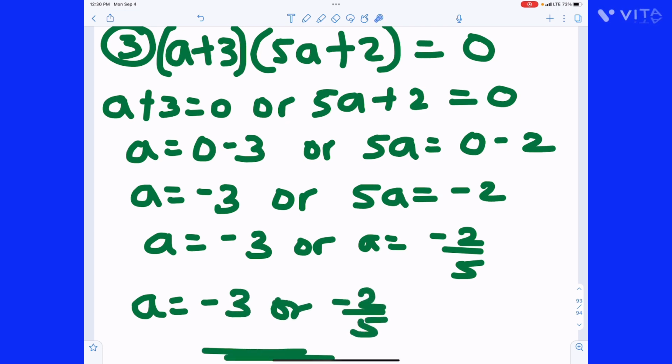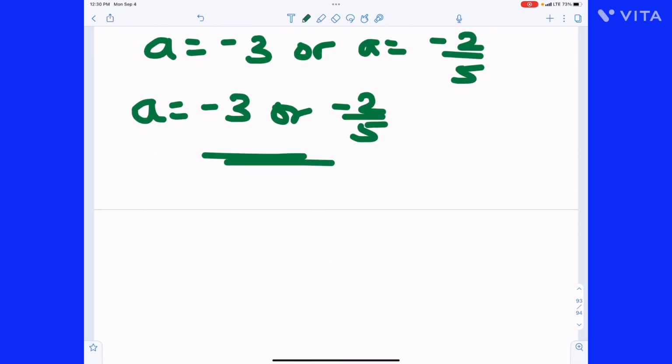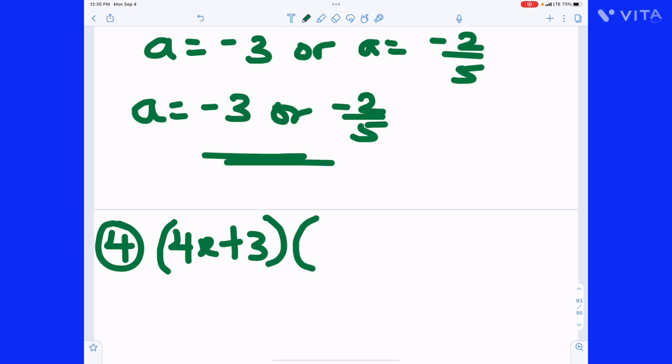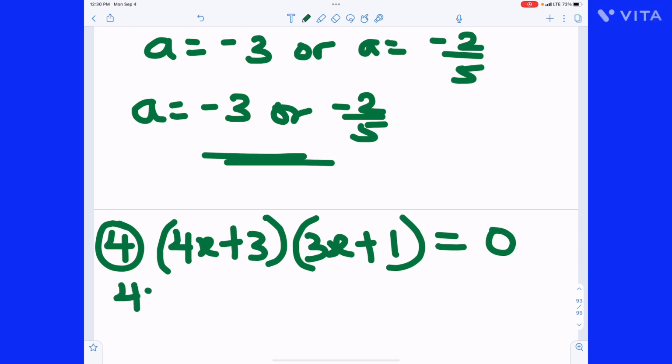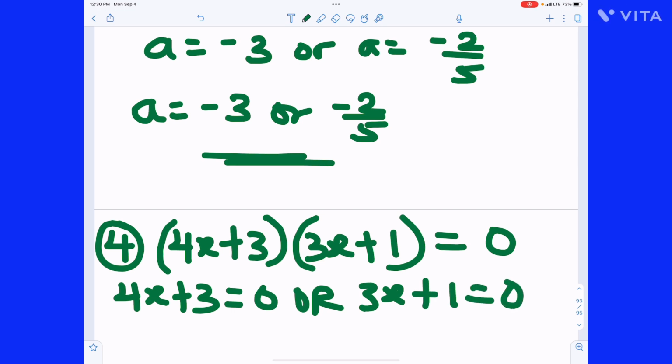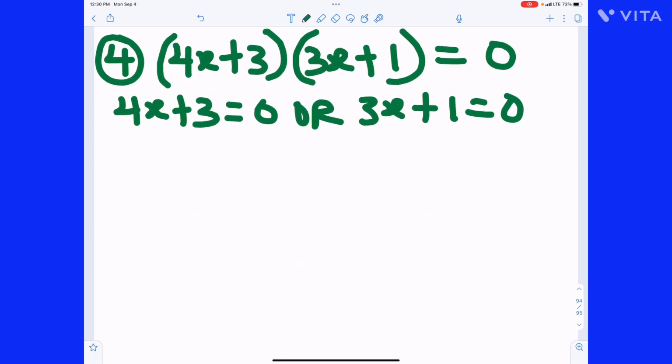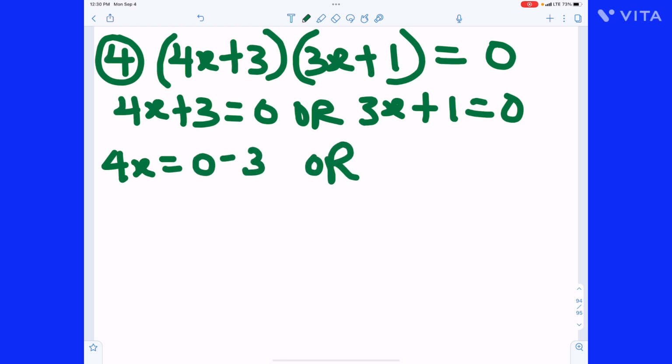Next question. Number 4. Open bracket 4x plus 3, close bracket, open bracket 3x plus 1, is 0. Same thing. 4x plus 3 is 0 or 3x plus 1 is 0. That gives you 4x is 0 minus 3 or 3x is 0 minus 1.